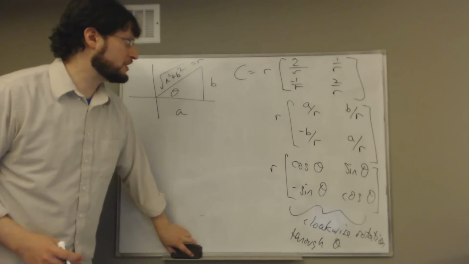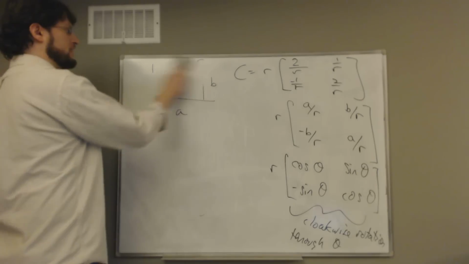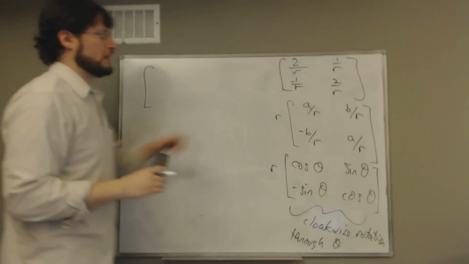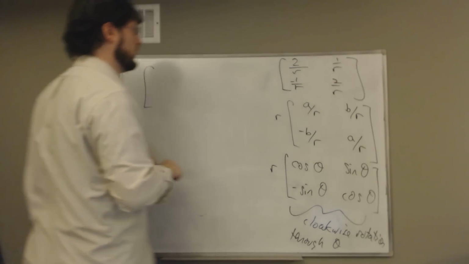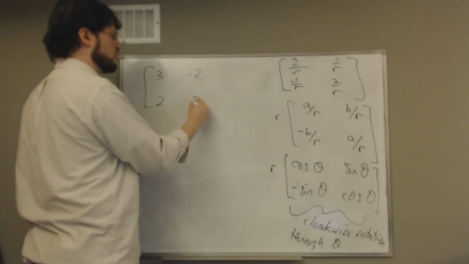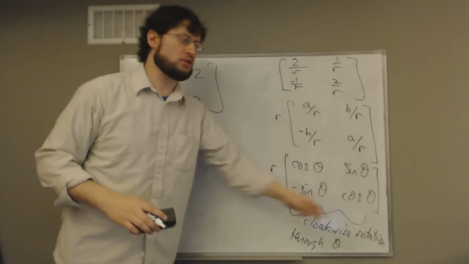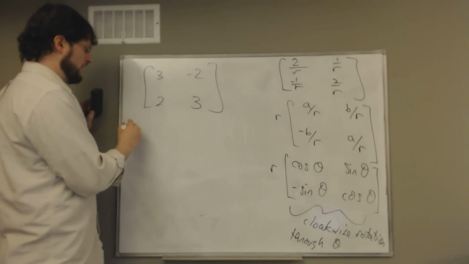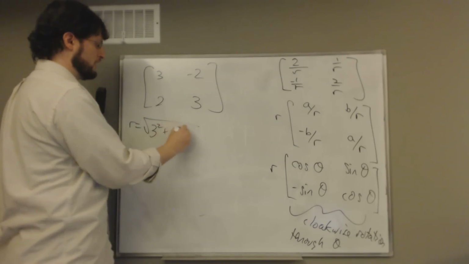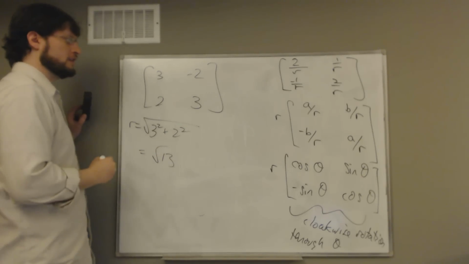We will sometimes see things where this negative actually ends up here instead. So if we would have seen something like, instead of 2, 2, 1, and minus 1, we might have seen something like 3, 2, minus 2, 3. This is also a rotation, but when we go through this whole process, we would actually find that R, in this case, is the square root of 3 squared plus 2 squared, which is 9 plus 4, which is square root of 13.